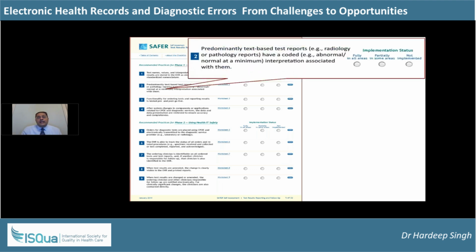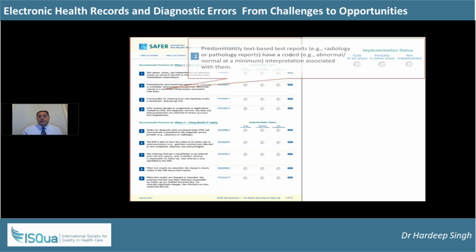I want to give you a quick example because it shows you, I described to you through Sheridan's case. So her husband had an abnormal pathology report that was not communicated. So building a big data safety net, for instance, if we had pathology reports that had coded data, such as abnormal normal interpretation, we could extract some of this data through the electronic health records and identify patients who have not received follow-up.